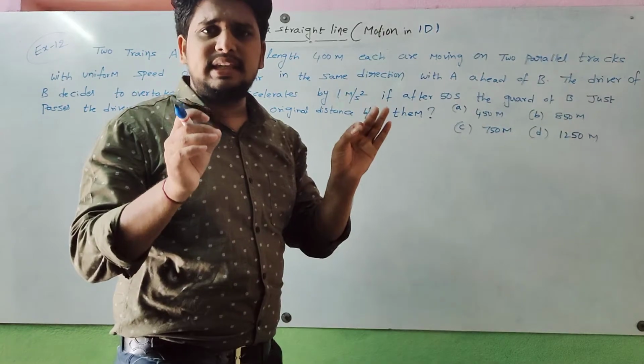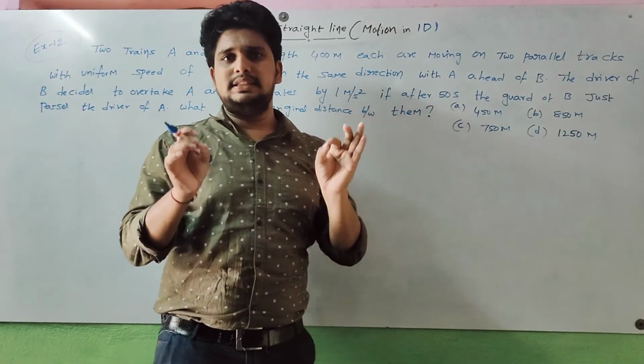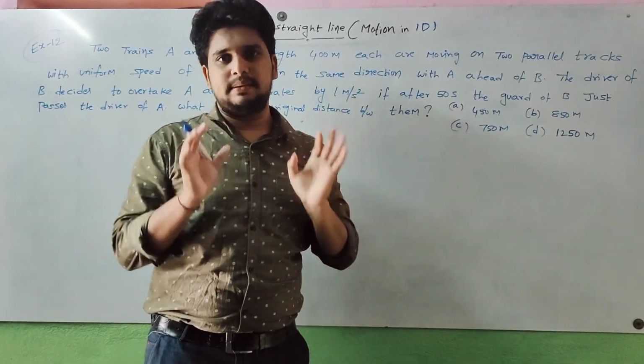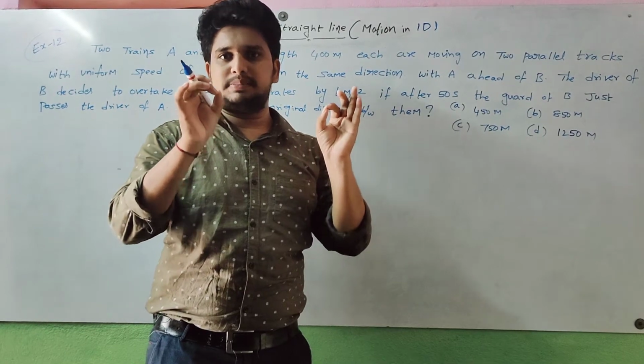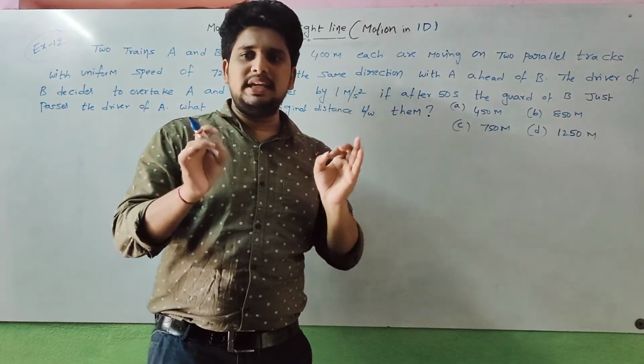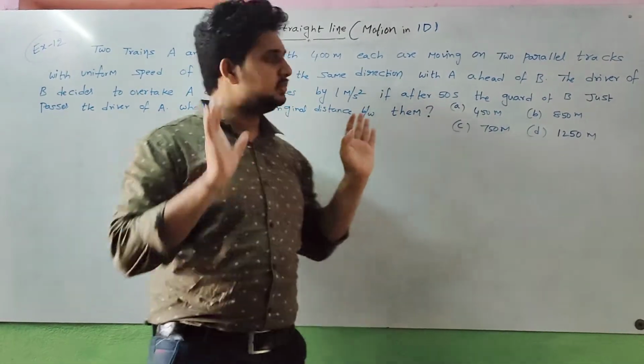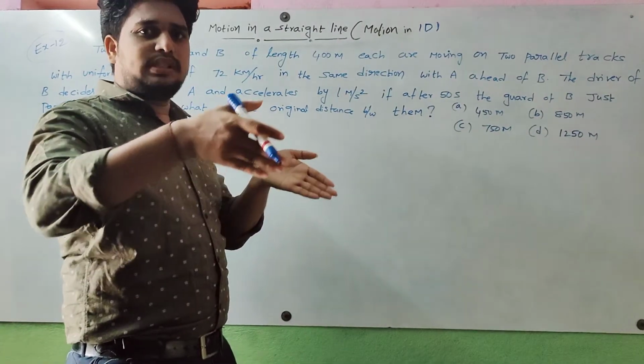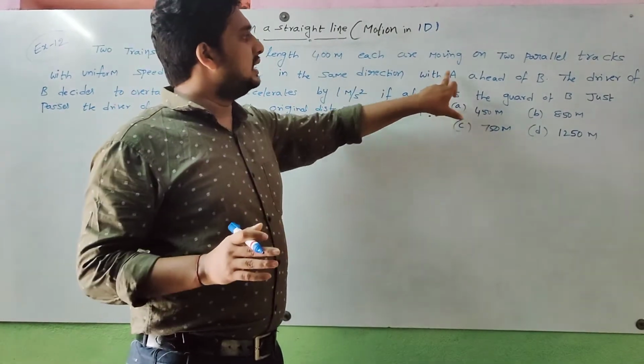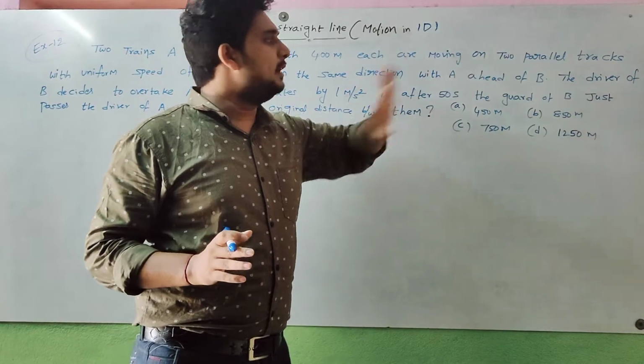So here the main thing is two trains moving with the same speed, 72 kilometers per hour only. They are moving in the same direction only. That is important. And they are moving on two parallel tracks with A ahead of B.